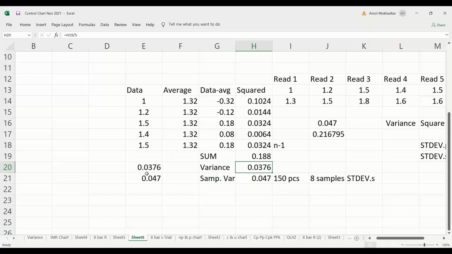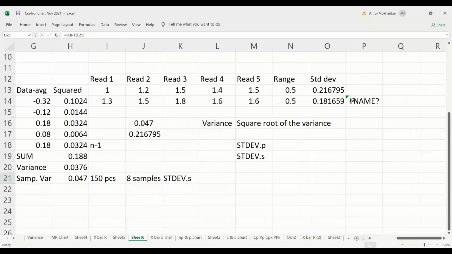If I used the formula P, then I get this variance, and when I take the square root of this, SQRT of this, you will get a standard deviation of 0.216795 if it is data based on the sample.